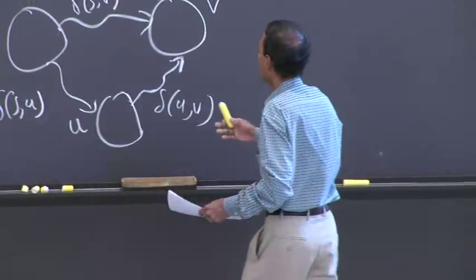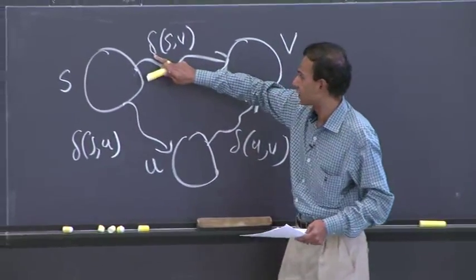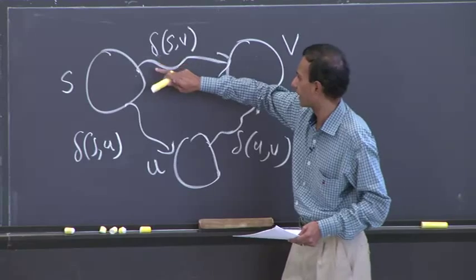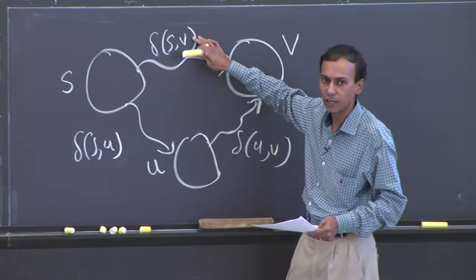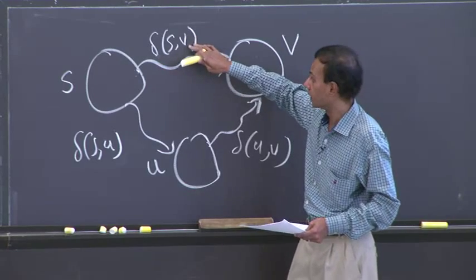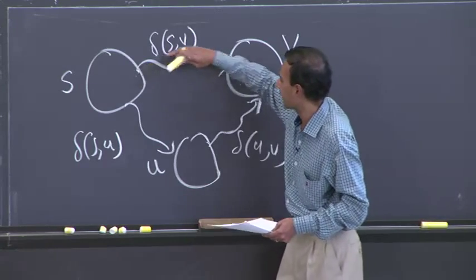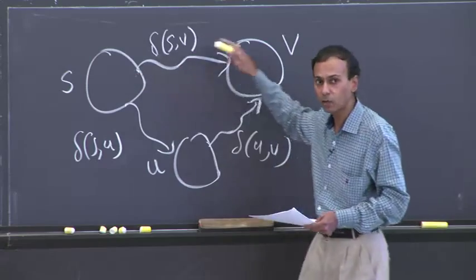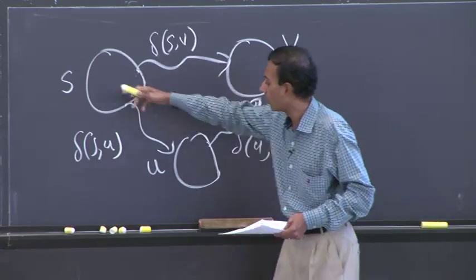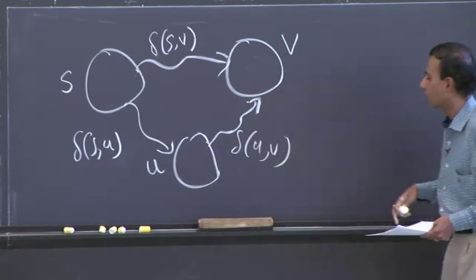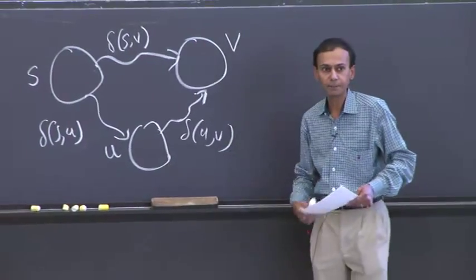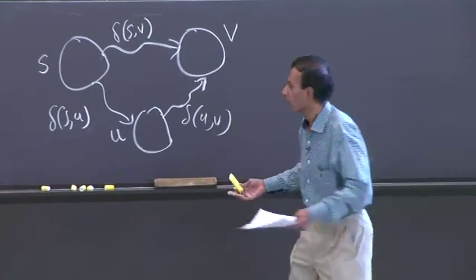Because this is the shortest way of getting from S to V, and it has no constraints over the number of edges that it incorporates. And so by definition, the shortest way of getting to S to V is either some direct way, maybe there's a single edge, or it may go through this vertex U. All right? So that's the triangle inequality.